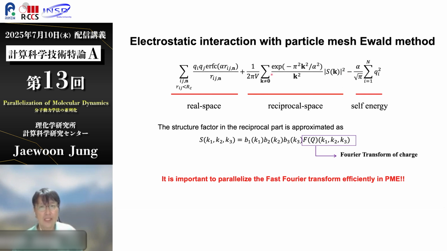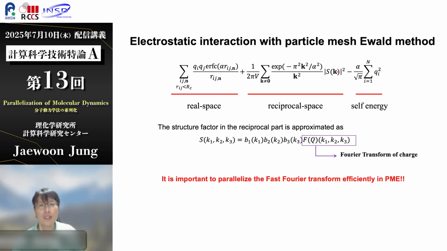And for reciprocal space calculation, the energy is expressed in this way. And here, because of this Gaussian term in the K vector, this term decays very rapidly. So we can calculate this without such a large computational cost.